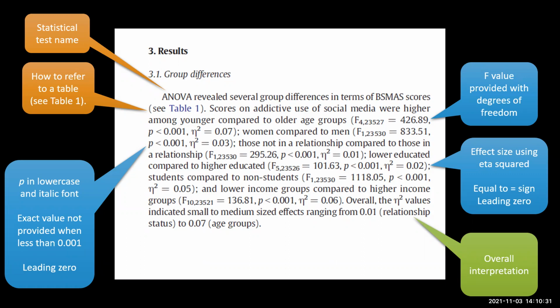So the authors have actually presented an overall interpretation of the effect size, which is helpful. So this is, in a way, a model presentation of statistical data in the first paragraph of the results section. Something you could do well to emulate, especially if you're in a social sciences field.